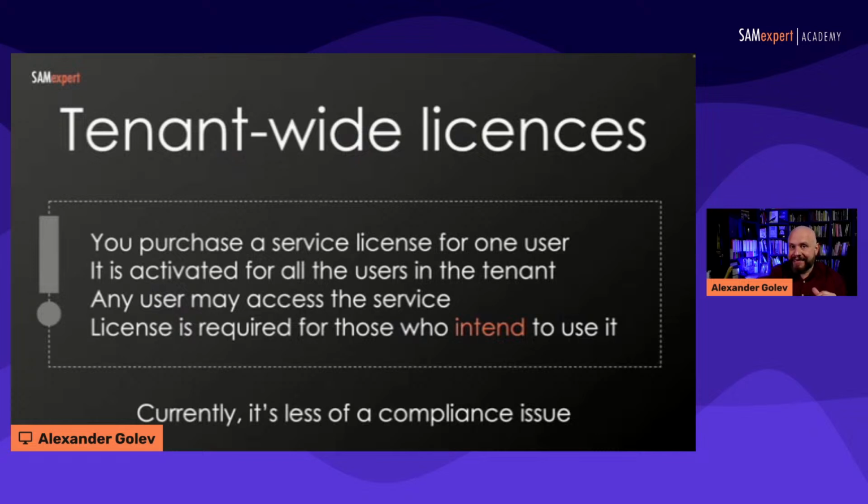And when they start using them, you need to buy additional licenses. So this is an additional headache for software asset managers, for licensing managers. You need to keep an eye on such features. You need to know which features in your organization are in use that have these tenant-wide implications. And you need to have control.